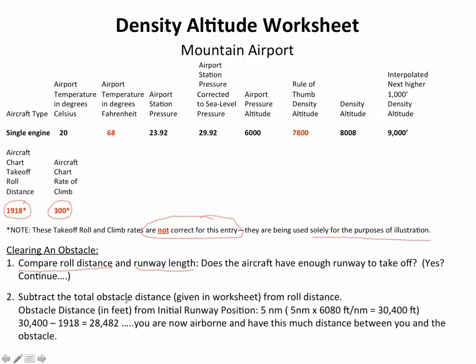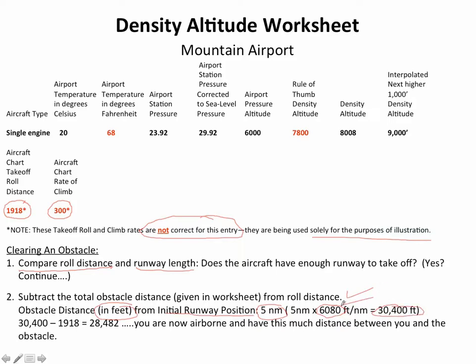So we subtract the roll distance from the total distance given in the worksheet. The obstacle distance in feet from the initial runway position was given as 5 nautical miles. And so if you multiply 5 nautical miles by 6,080 feet per nautical mile, you get 30,400.